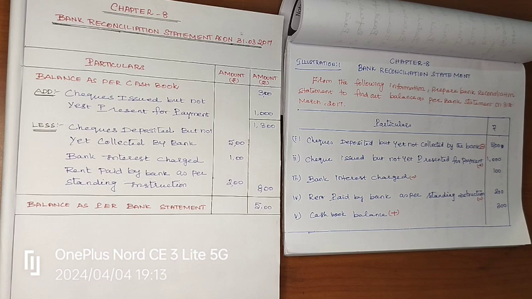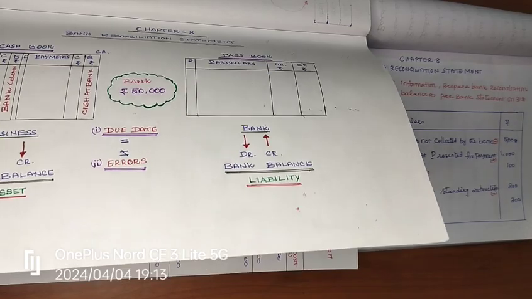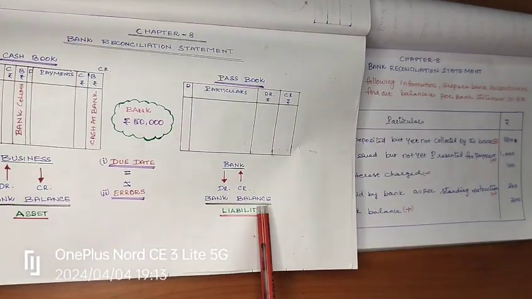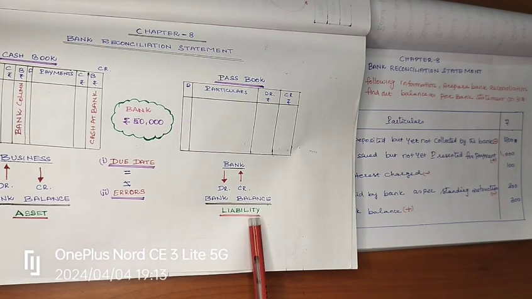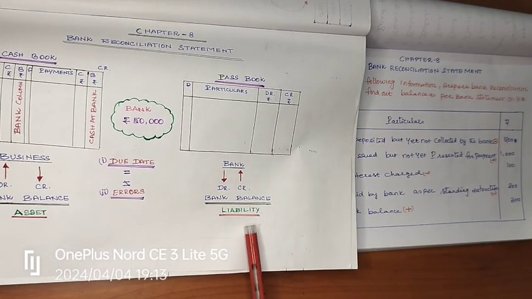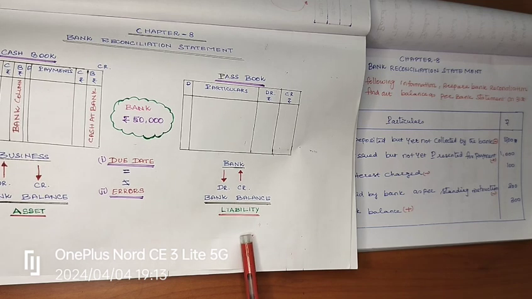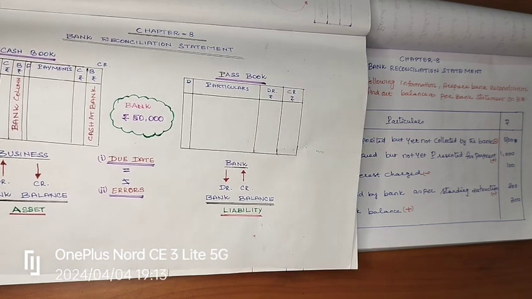Why does the bank say credited your account? Listen carefully. From the bank's point of view, whenever the bank balance increases, it is credited, isn't it? So it informs you that 500 rupees has been credited.